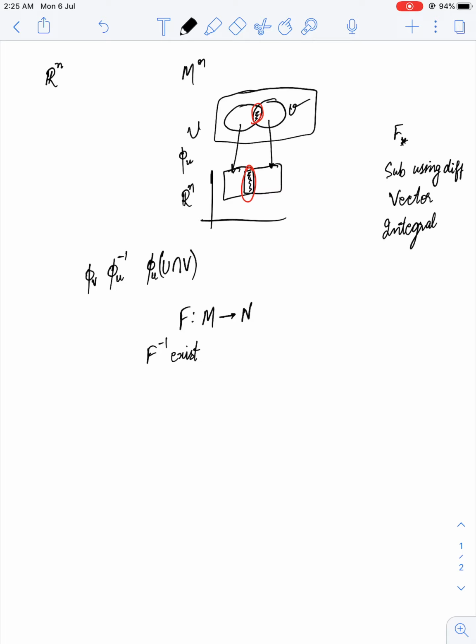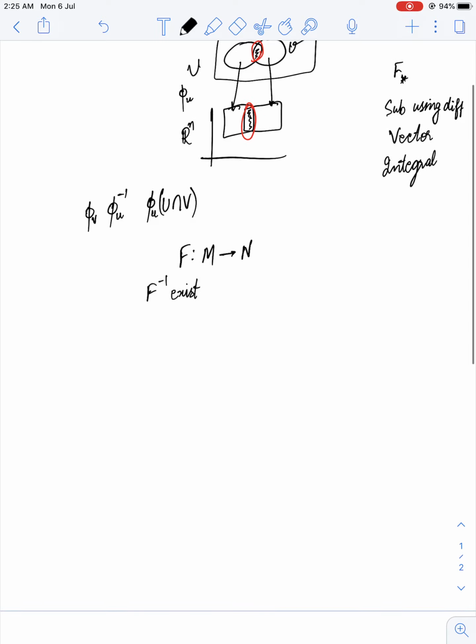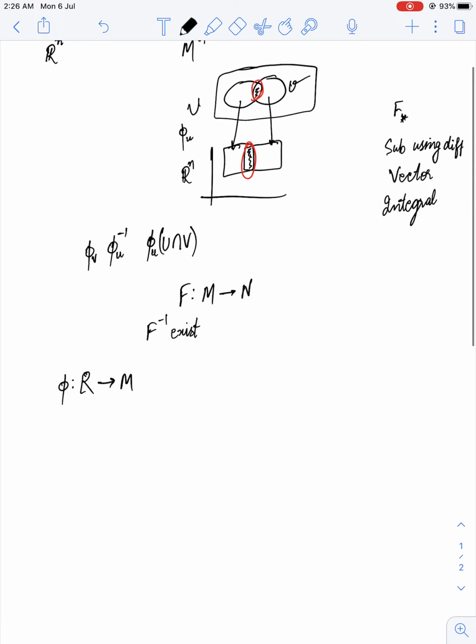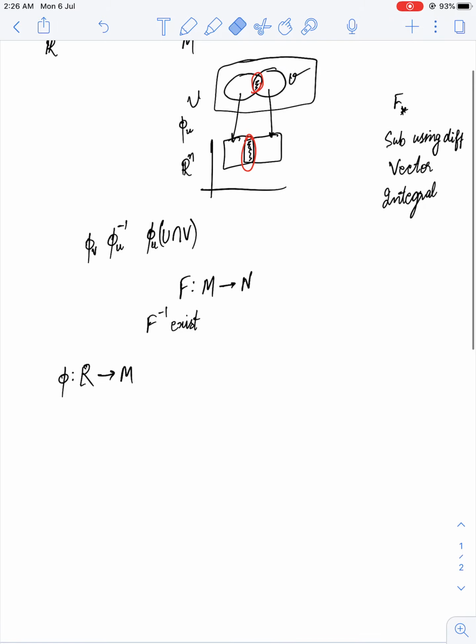Now there is this idea of the differential. The idea is we have a curve, a map from the real number line to M. Is it M to R? No, that's a mistake.